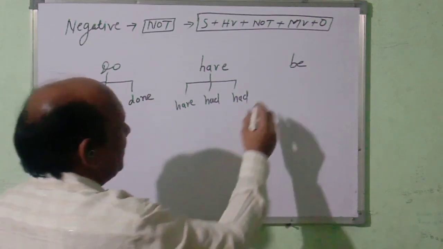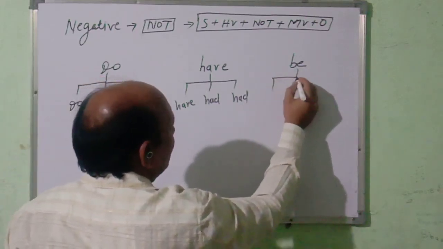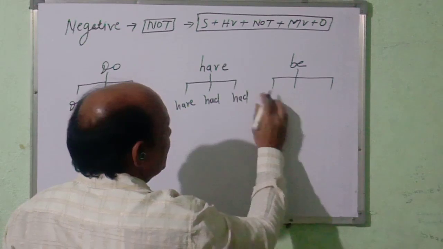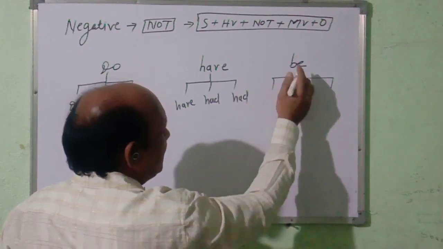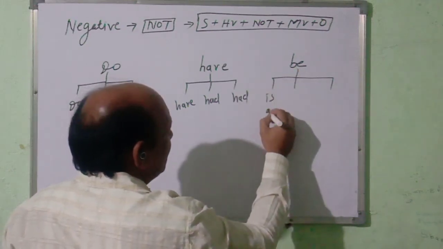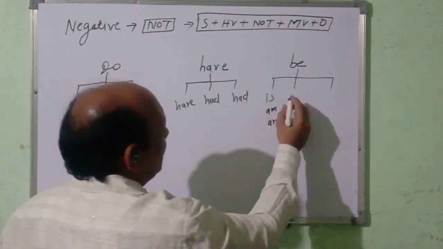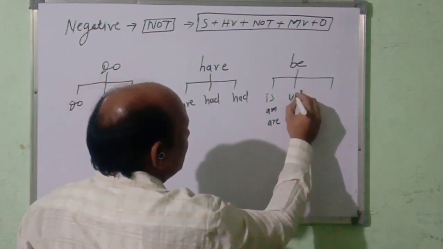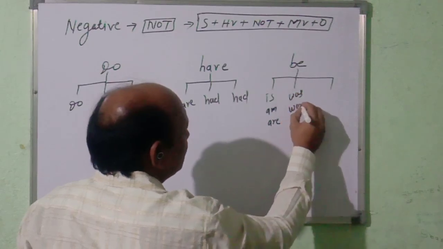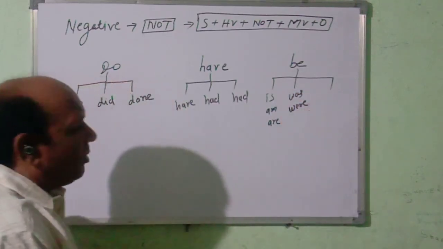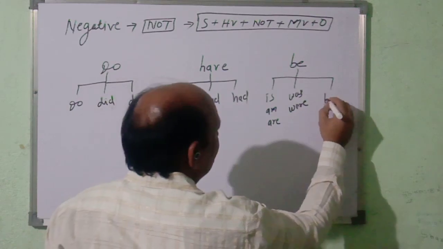For the primary verb be, the first form is is, am, and are. The second form of be is was, were. And the third form of be is be.